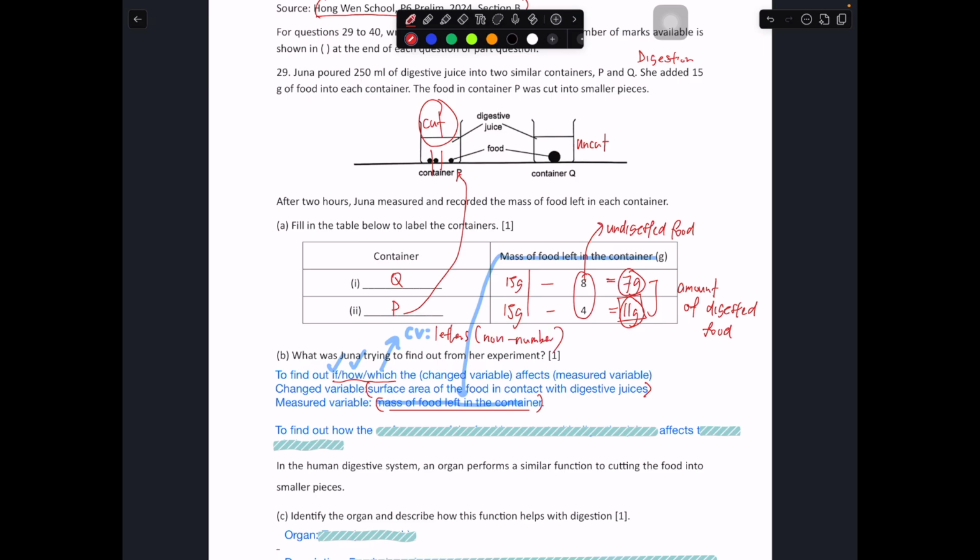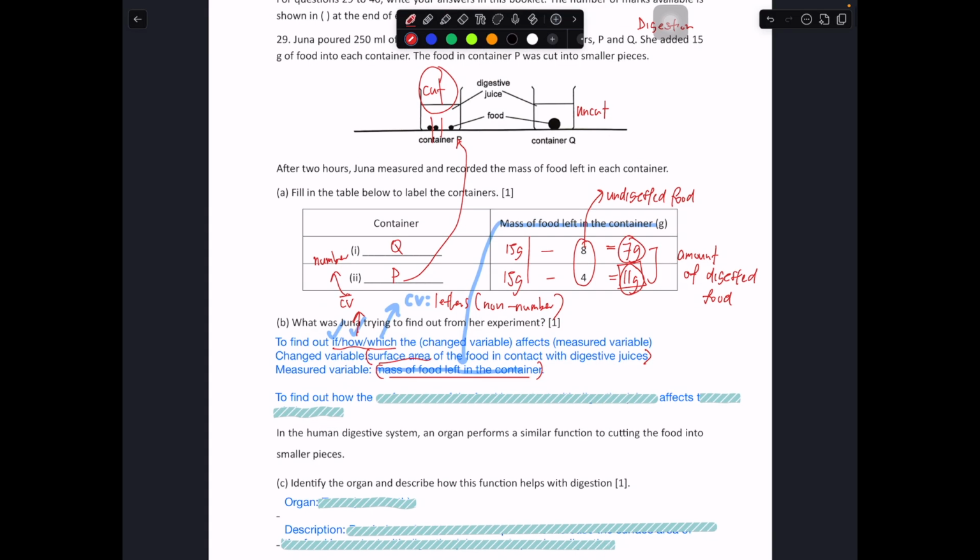When it is not a number, then you will use which. How is usually used when your change variable is represented by numbers. In this case, surface area can be represented by numbers, that's why you will use how. This is the rule of thumb for which one you want to use.